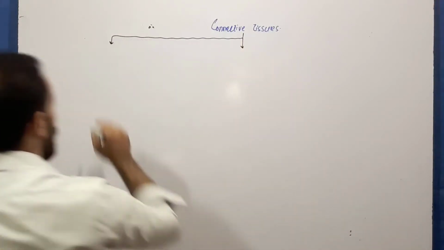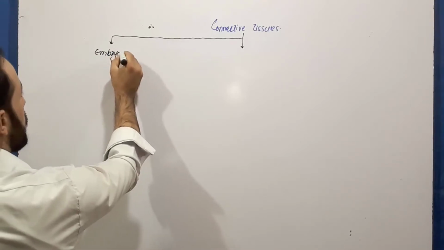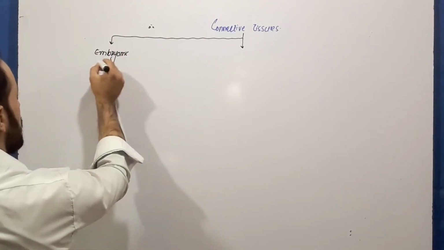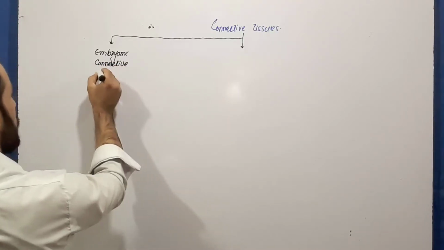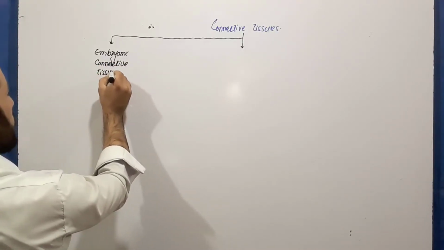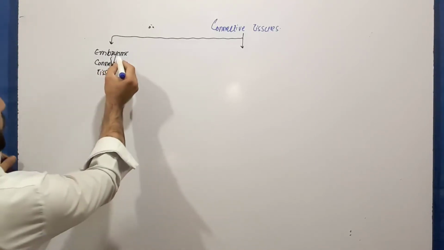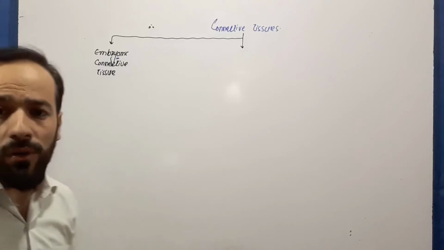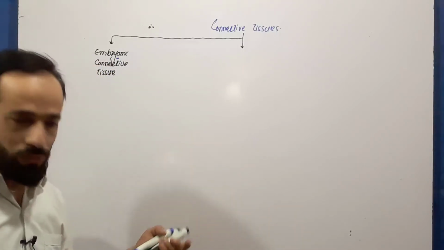One is the embryonic connective tissue. Why is it called embryonic tissue? Because this type of tissue is found during embryonic life. That's why we call it embryonic connective tissue, very simply.